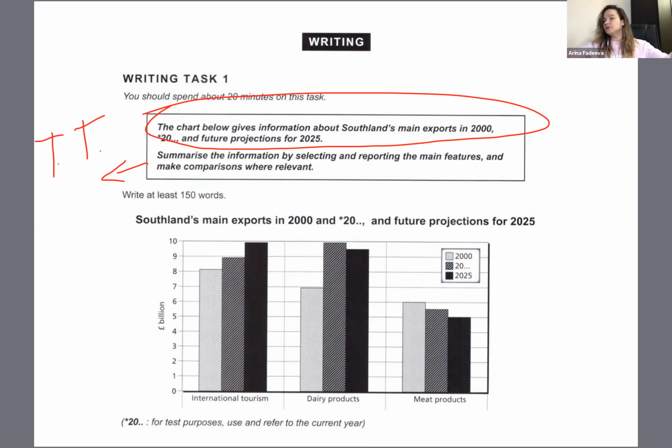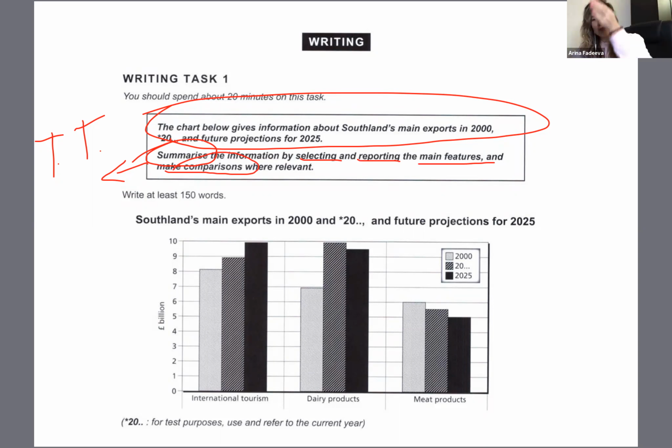Every table, line graph, bar chart, diagram, every IELTS task is going to have the same task. All right, I'll just circle it. Summarize the information by selecting and reporting the main features and make comparisons where relevant.